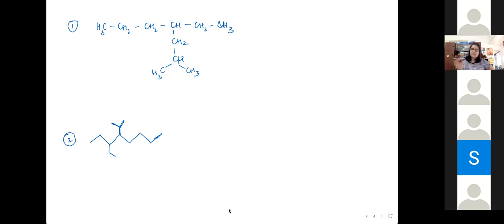Otherwise, go with the longest. But shouldn't the longest chain have the functional group, here it's all alkyls only, no? If you have a functional group that's changing the alkene, like a double bond or alcohol or something else, then yes. But here it's all alkyl groups only. You just go with the longest.